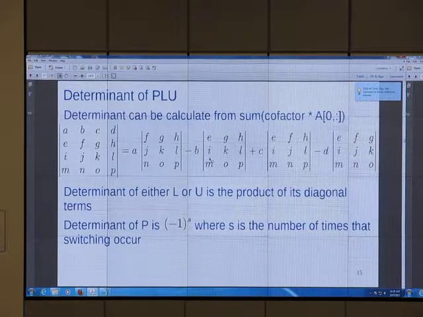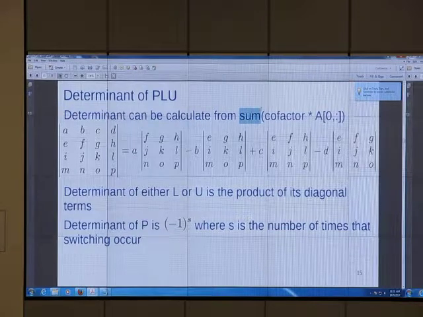To get the determinant, how do we get it numerically? First, let's review how we get it analytically. The determinant can be calculated from the summation of cofactors multiplied by the pivot element.